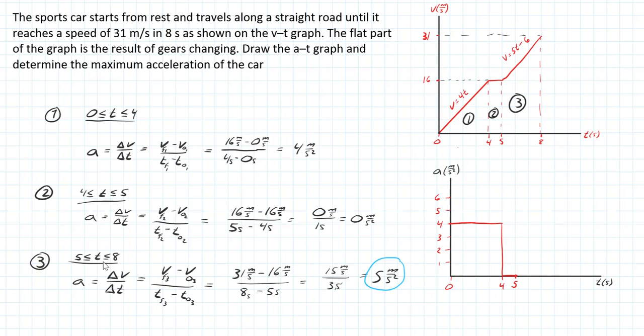So from 5 seconds to 6, 7, 8 seconds, we're going to have an acceleration of 5 meters per second squared. So all we do is we just take our time, draw out the graph, and there we go. We have our acceleration versus time graph.